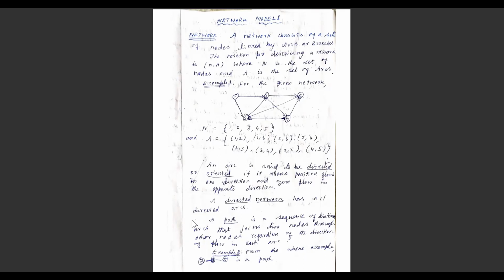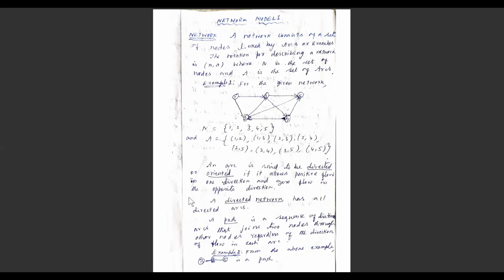What is a path? A path is a sequence of distinct arcs that joins two nodes through other nodes regardless of the direction of flow in each arc. So here direction is immaterial.